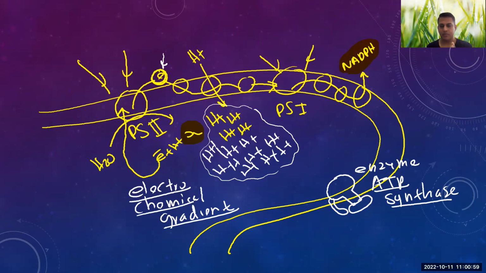Hydrogen ions are separated by a membrane, one side less, the other side high, and then it creates a potential gradient. This potential gradient is really powerful and has so much energy trapped. But we can't keep hydrogen ions like this in the membrane because, as you can understand, the pH can also change.